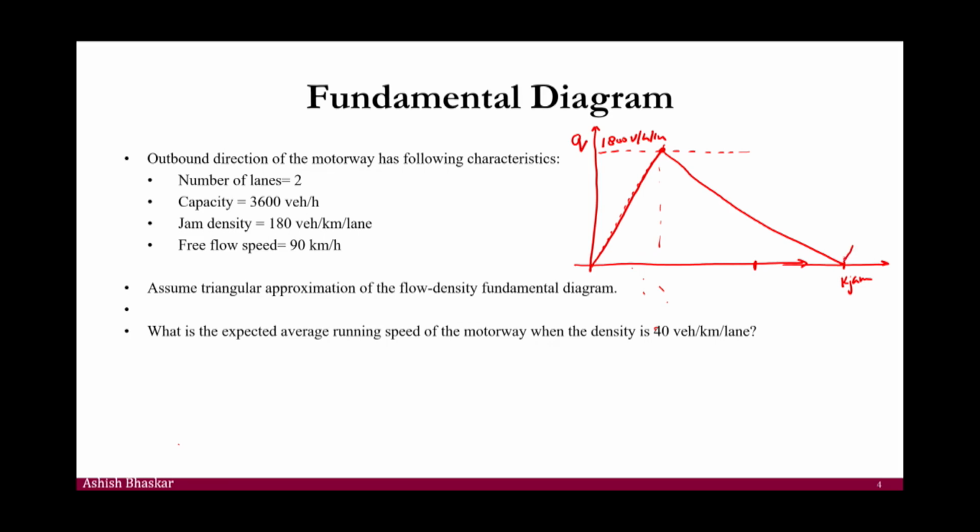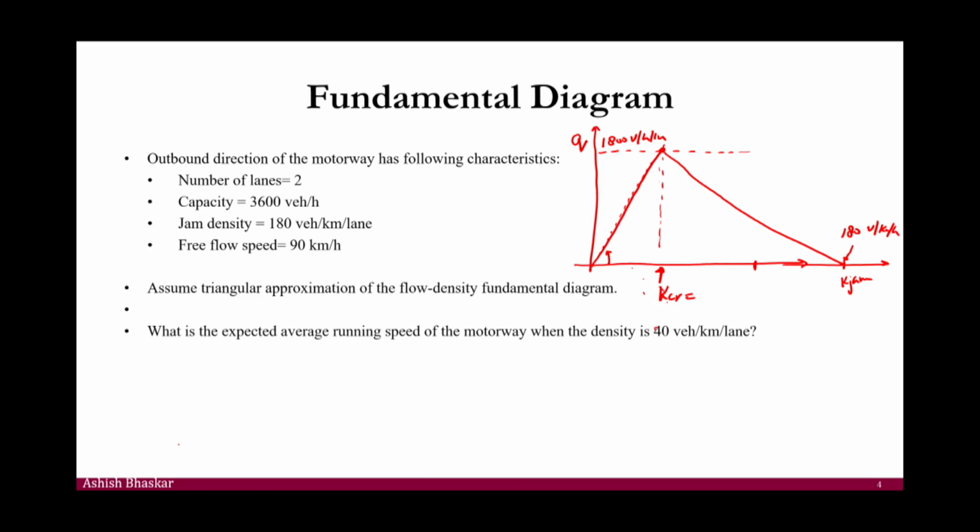Jam density is given to you as 180 vehicles per kilometer per lane. The slope of this line is, sorry, 90 kilometers per hour. So from here, you can figure out the critical density. Slope is 90.